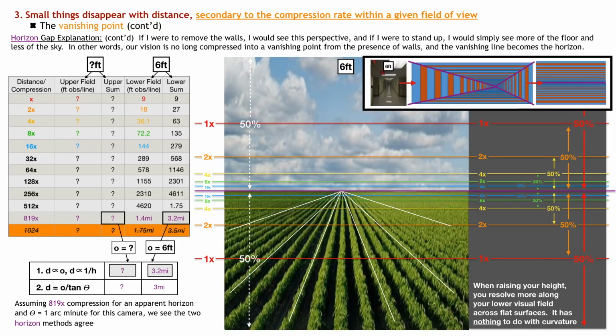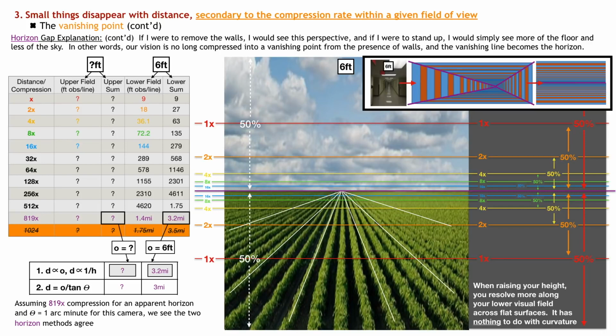This is just how your vision works. So when raising your height, you resolve more along your lower visual field, just like we showed with how many feet per aspect of vision we get to see when we raise our height. It has nothing to do with curvature.